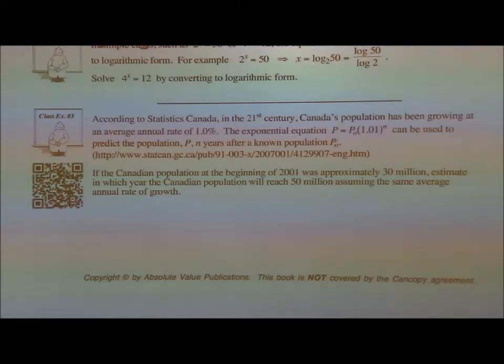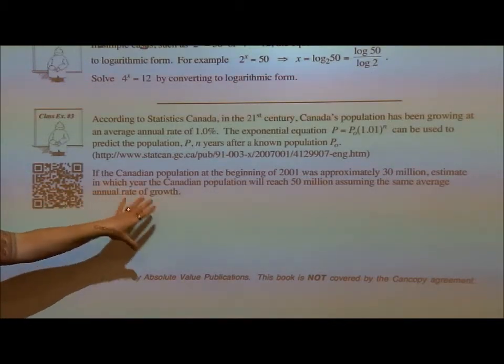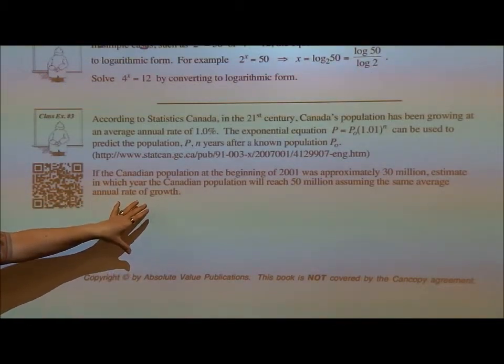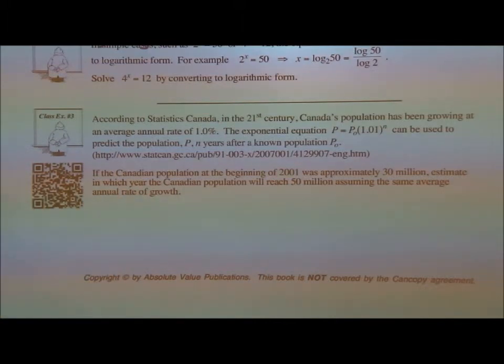So if I know the population today, I can use this formula to predict the population 10 years from now. And this is a very important piece of information that the government wants to know. Grande Prairie wants to know that because that's how Grande Prairie decides their infrastructure.